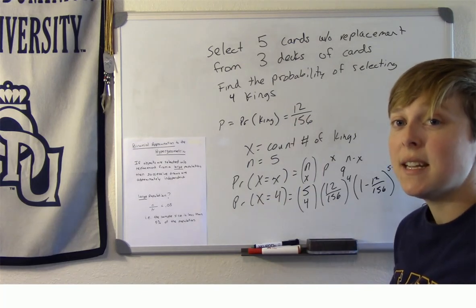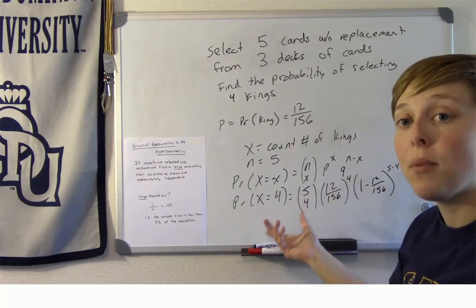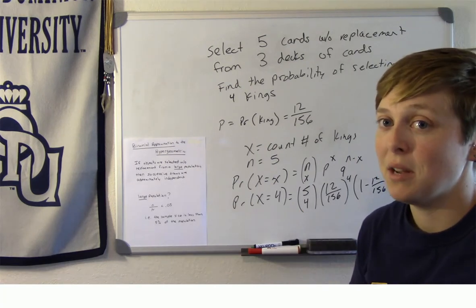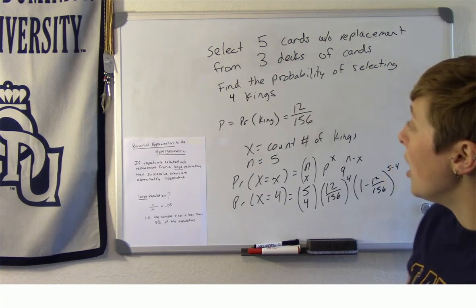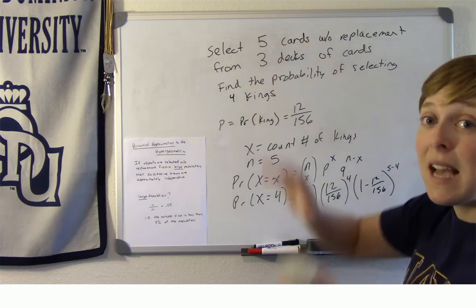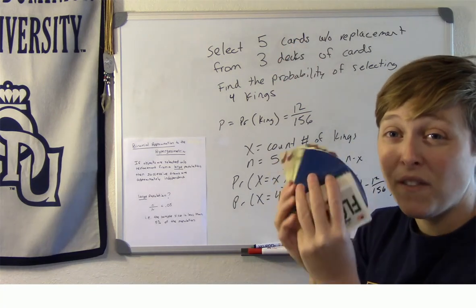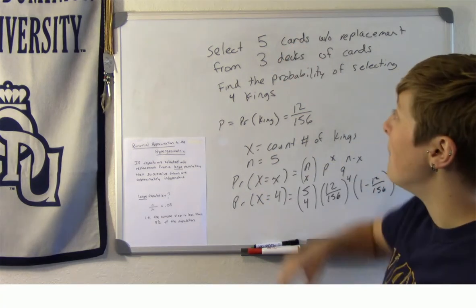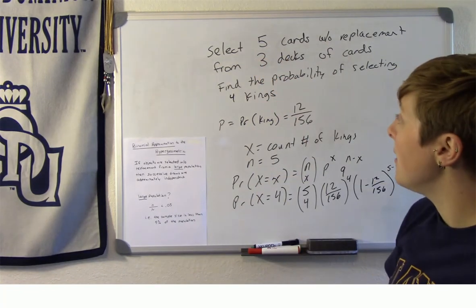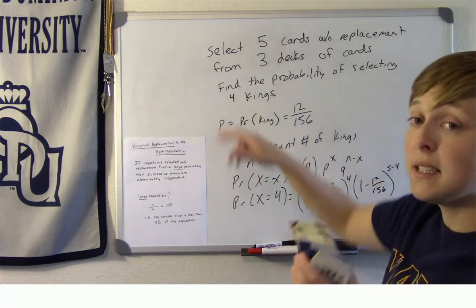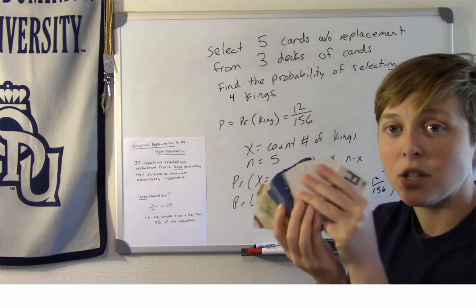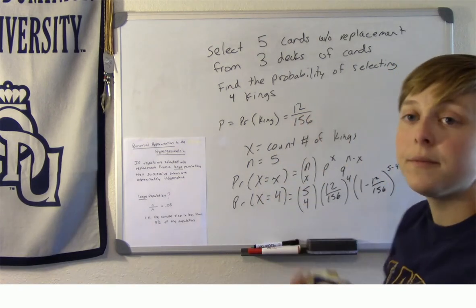Now, if you're interested in knowing how good of an approximation this is, you could always use the hypergeometric distribution. You're just going to get really big numbers when you plug it in. The entire population, capital N, is 156, little n is 5, x, the number we're trying to find the probability for, is 4, and k, the number of successes in the population, is 12.